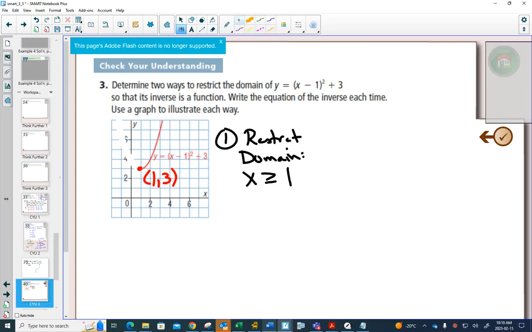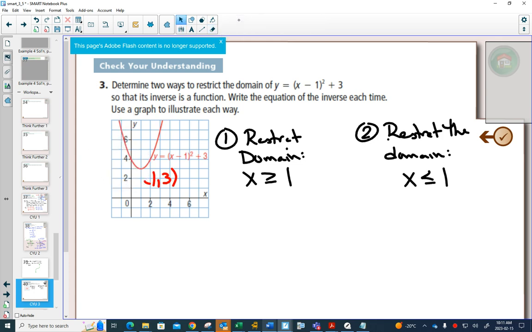Can you see that a second way to restrict the domain, I could have erased the other half. If I erased the other half, it would pass the horizontal line test.